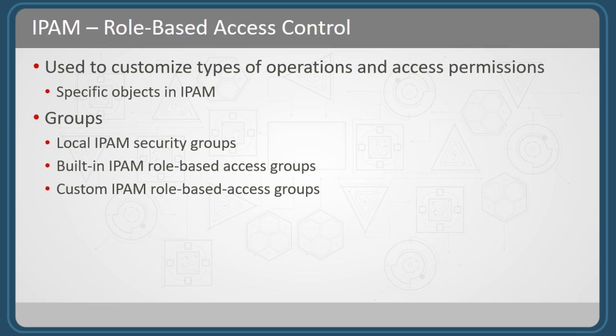So I can create these local ones that would be for just that server only, or use the built-in and custom to create larger groups that can manage multiple servers. It's entirely up to you, but it's always the same approach when it comes to role-based access control. Determine who is able to do what, over what kind of scope of servers, place them into the appropriate roles, manage the permissions of the roles.